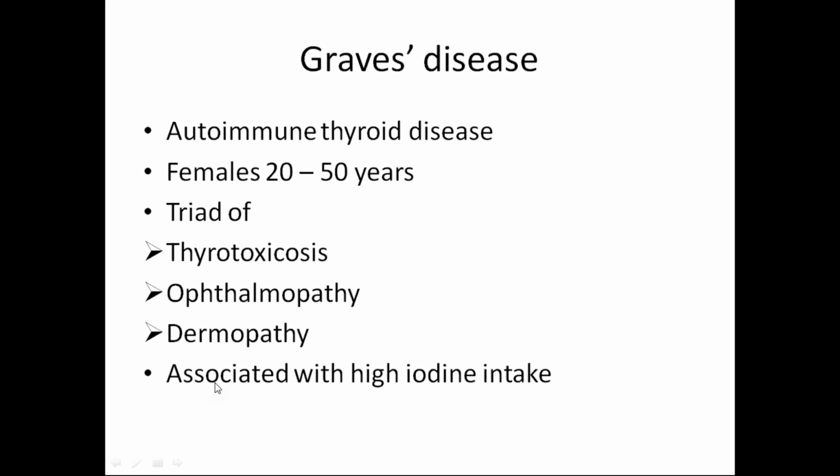thyrotoxicosis. So the mechanism of Graves' disease is not very clearly understood, but after some studies, it is seen to be due to high iodine intake. This causes dysfunction of the thyroid gland, and it causes Graves' disease. It is a hypothesis, not a known cause.